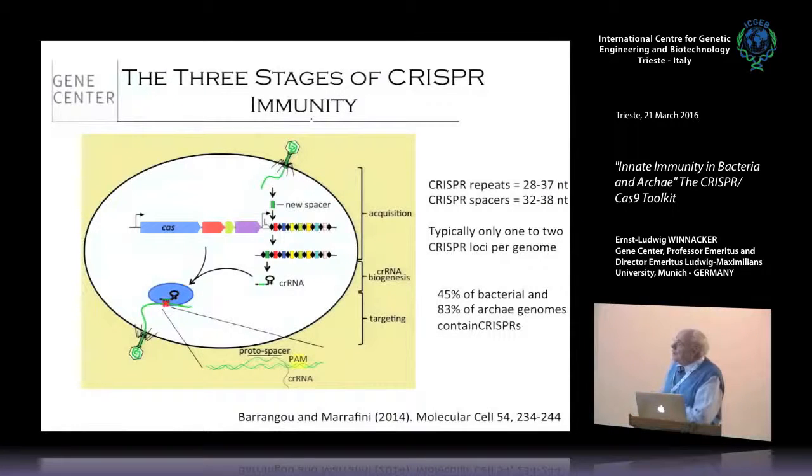And here you see again the protospacer and the PAM sequence, which I mentioned. So that is a more general view of the system. 45% of bacteria and 83% of Archaea have this sequence, and therefore have these mechanisms of adaptive immunity. It's actually a real adaptive immunity mechanism, very efficient.